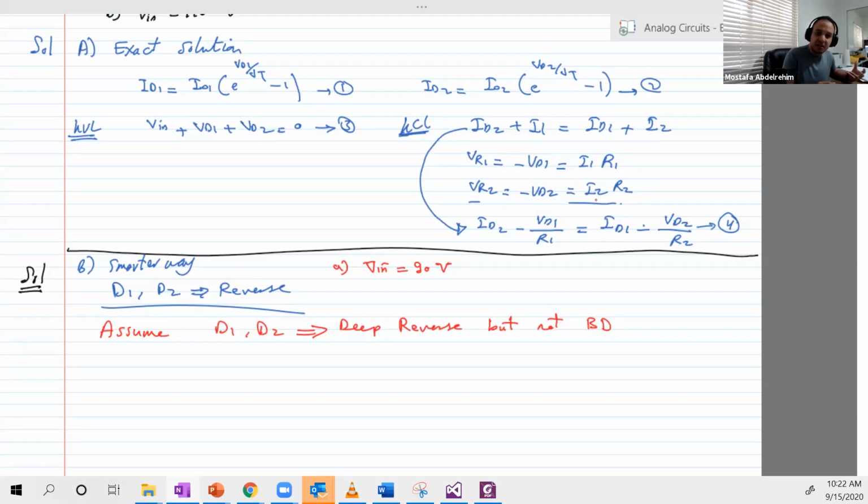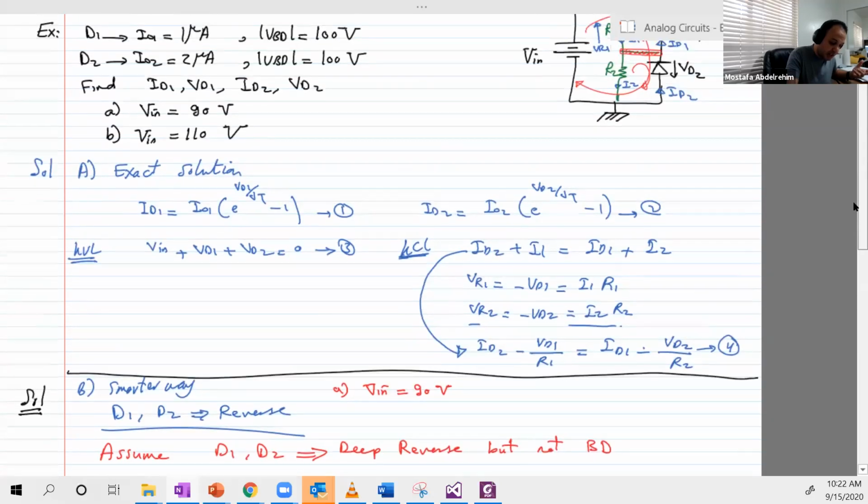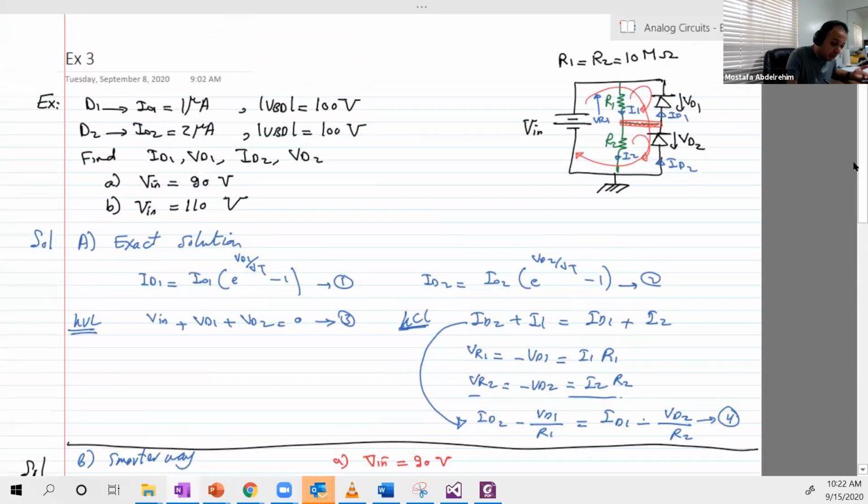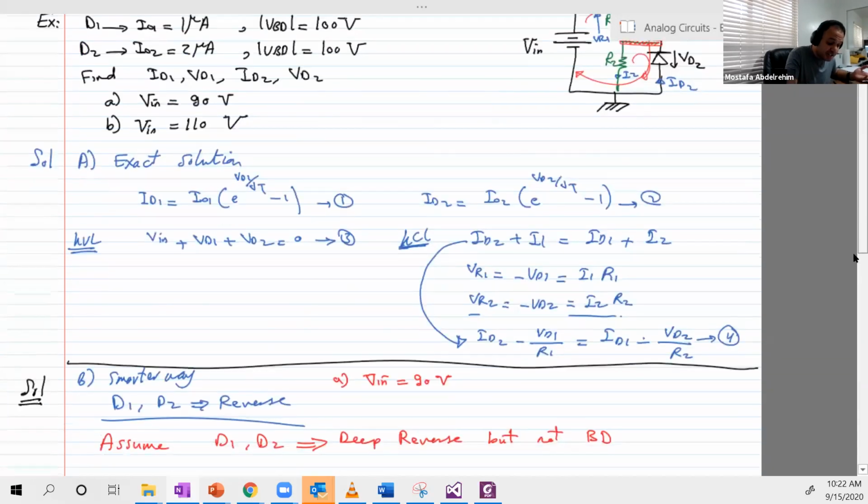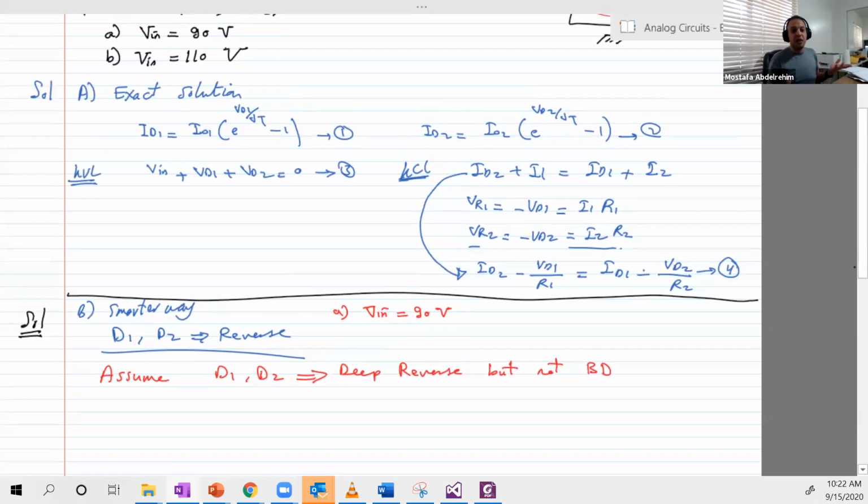But why didn't I assume in the beginning or now that they are not breakdown? Basically, because the breakdown voltage for any one of them is 100. But the input is just 90. So from where can any one of them afford the 100? They are dependent on the input, so they don't have any other source to provide this extra 10 volts.